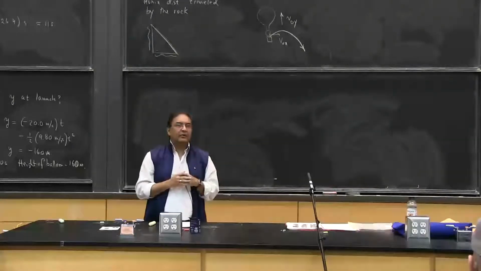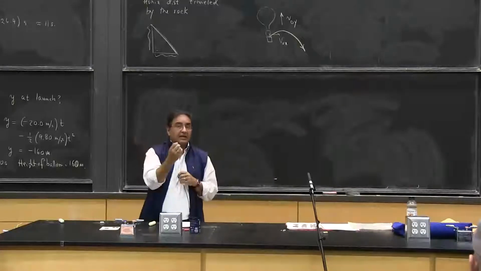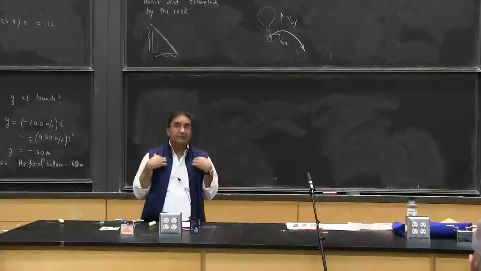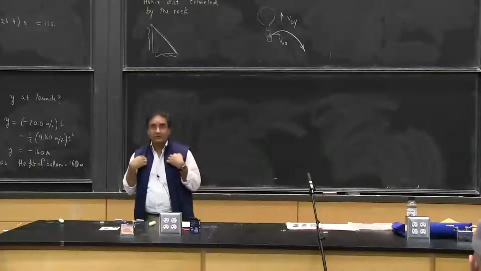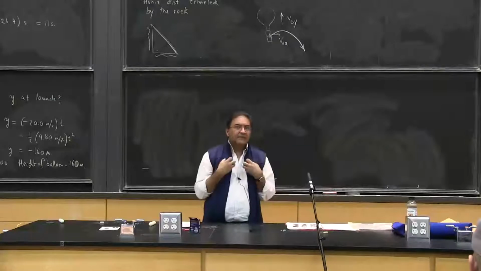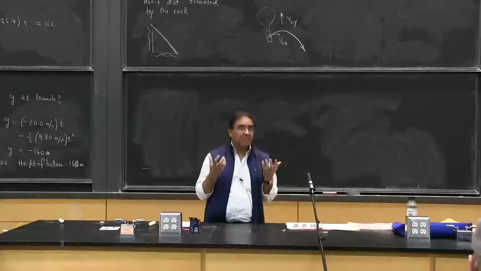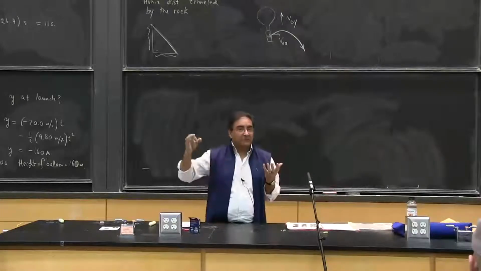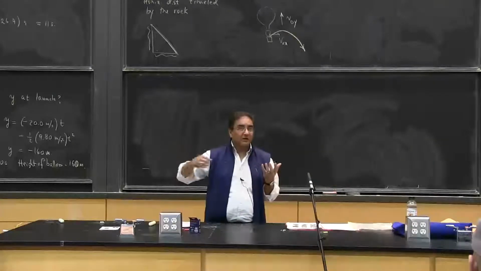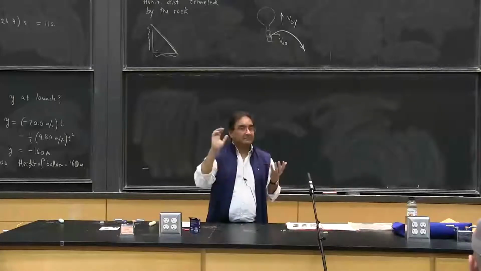The other point that I want to make is that because Earth goes around and we are accelerating, it turns out we don't feel very much because we are made that way. We evolved over more than 2 billion years. So what happened was that we can feel the force of gravity, which is about 9.8 meters per second squared. But the acceleration that comes from the Earth's rotation is many, many times smaller.